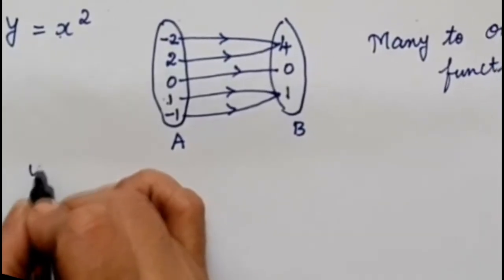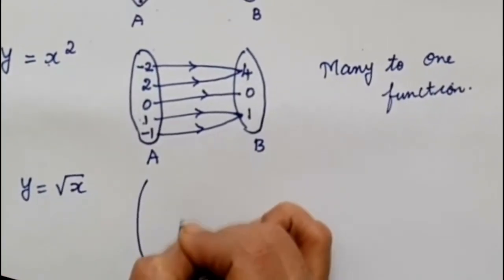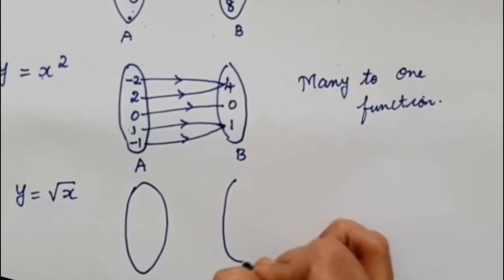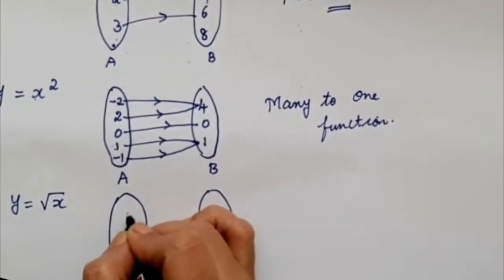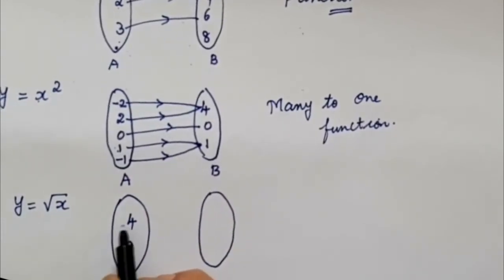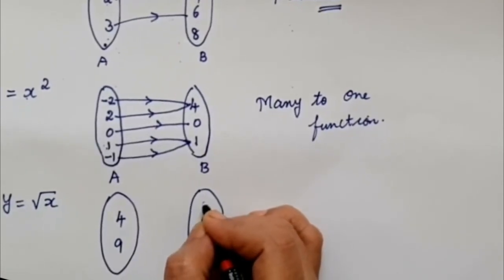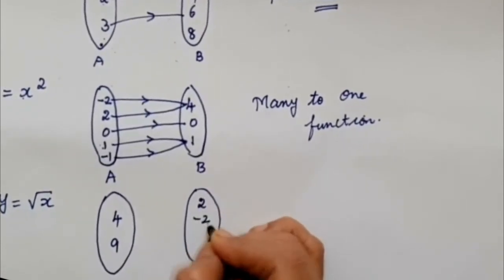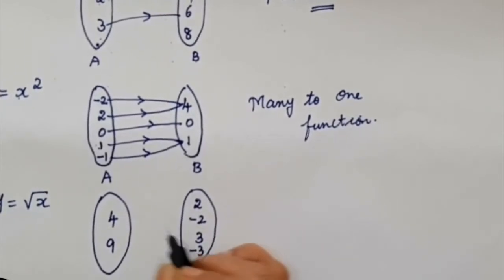Then the next thing is y equal to square root of x. Now let us take our values of x as 4 and 9. When x takes the value 4, square root of 4 is plus or minus 2. So it is a 2 and a negative 2. And in the same way, 9 will give 3 and a negative 3.